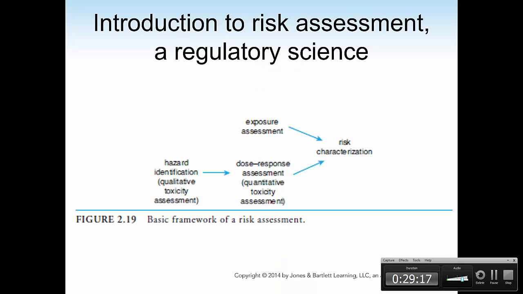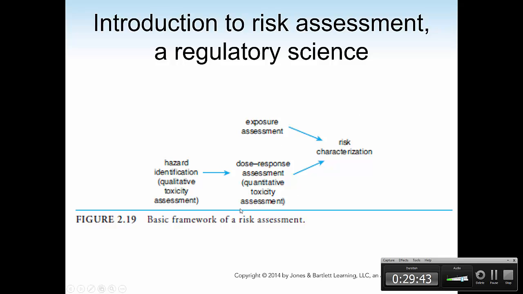This is from your book. This is looking at the basic framework of a risk assessment. Identifying a hazard is something qualitative, looking at toxicity, that sort of thing. From there, what's going on as far as whether it is getting to the population, entering the environment, that sort of thing.